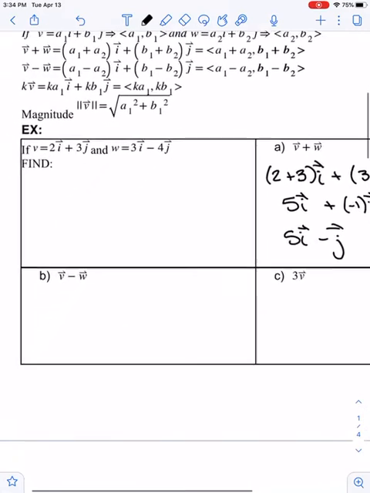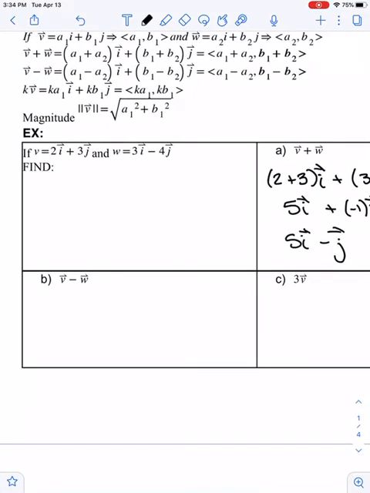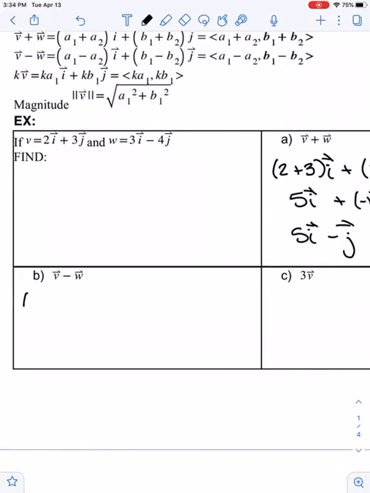Next, we have v minus w. So we're taking those i's and subtracting them, and then taking the j's and subtracting them. The first number is always from your first letter, so we're subtracting the v minus the w. So here for the i's, 2 minus the 3, because the v was first.